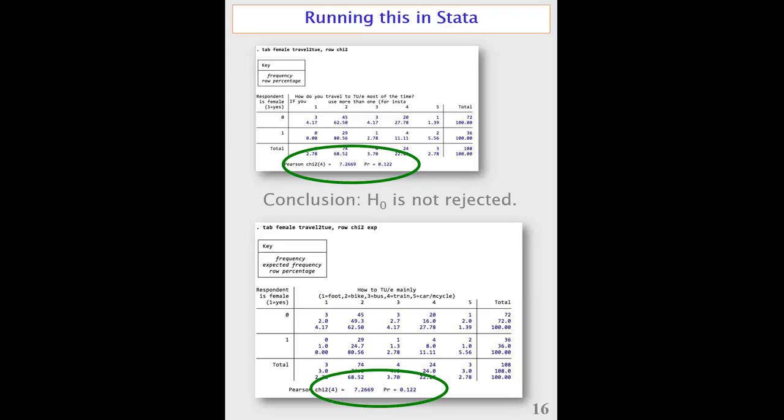And that here is 0.12, above 5%. So this means H0 is supported, or stated differently, H0 is not rejected. Okay, so apparently in this case, there is no reason to really believe that there is dependence between being boy or girl versus what kind of mode of transportation you take to TUE.